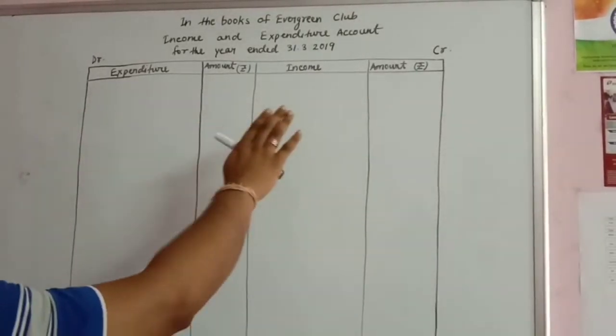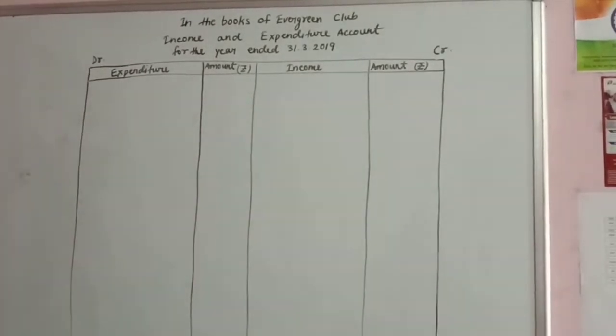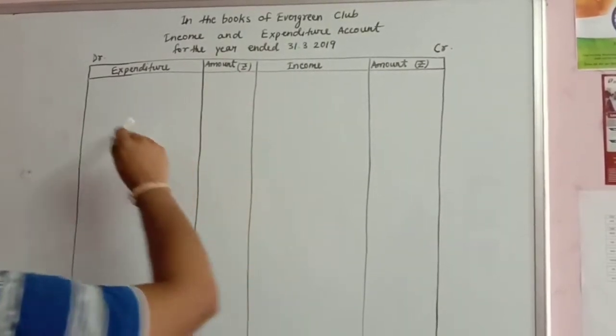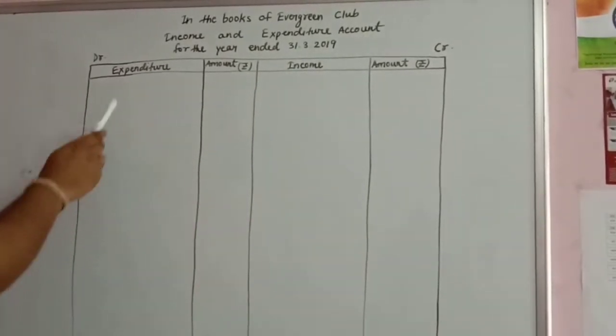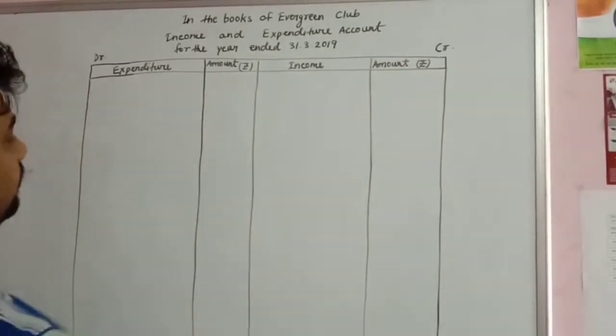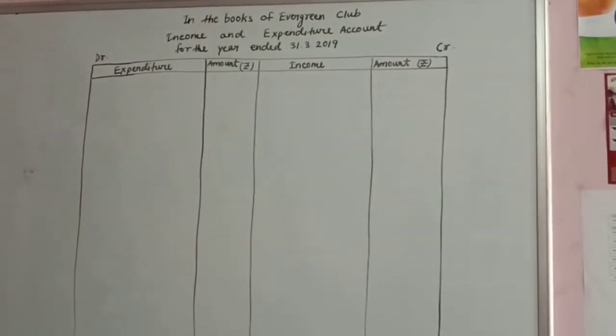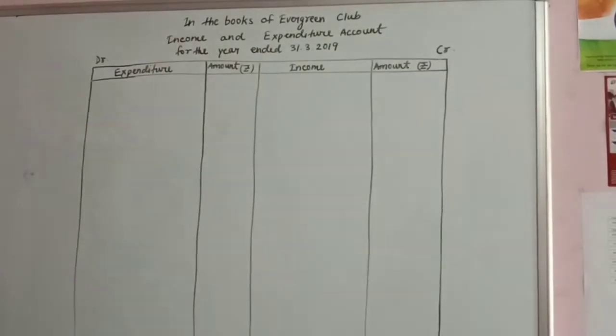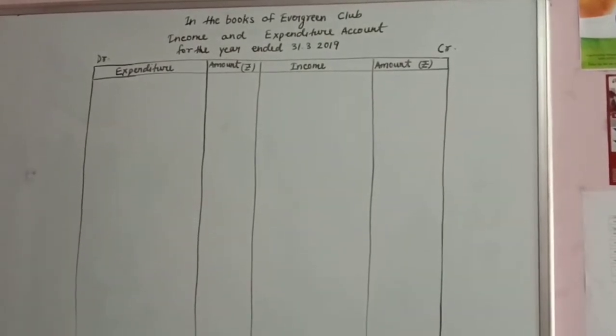This is the income and expenditure account of Evergreen Club for the year ended 31st March 2019. On the debit side you have expenditure amount, on the credit side you have income amount. The pattern is very similar to the trading and profit and loss account, which you prepare in case of profit making concerns.